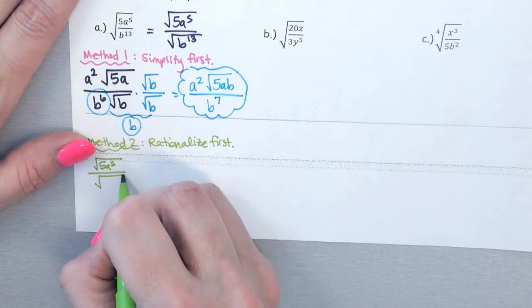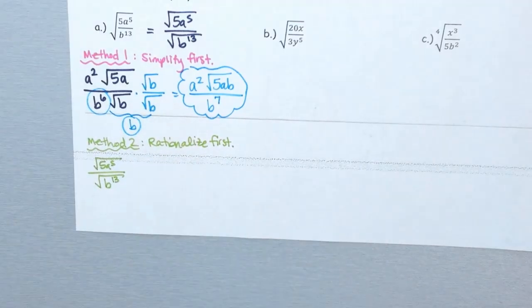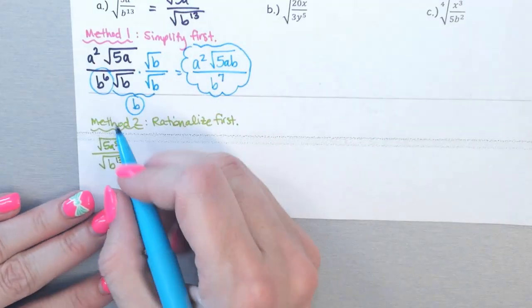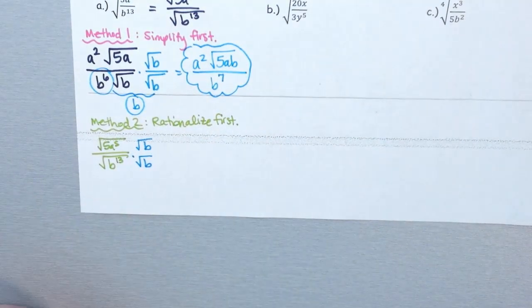Instead, you want to go to the next value that's going to make that an even number. So if you choose to rationalize first, you would start by multiplying by root b over b.